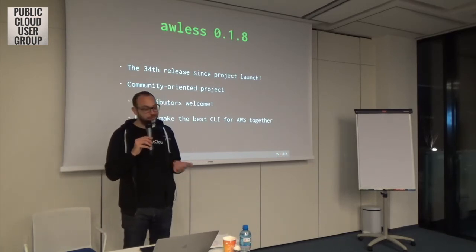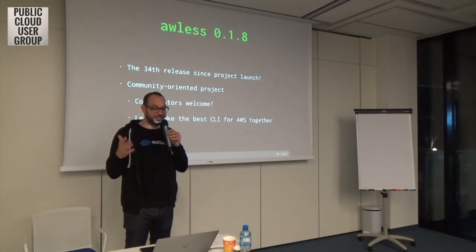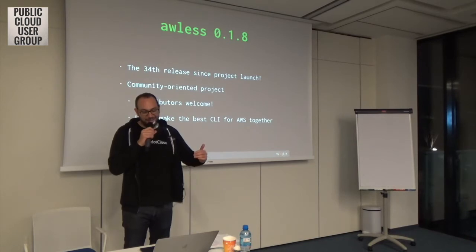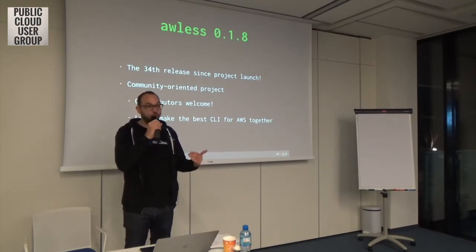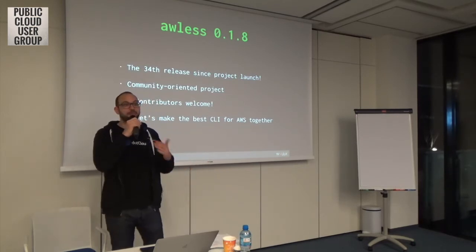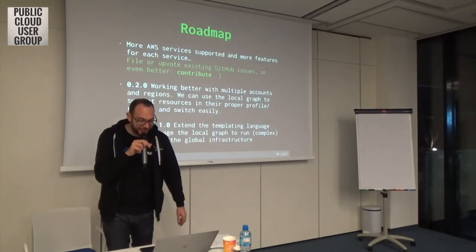I'm not coding myself in this project, but I'm doing the project description. And basically, aside from this, we need contributors if we are going to map all the AWS services and make the best CLI out there. And we can do this together.